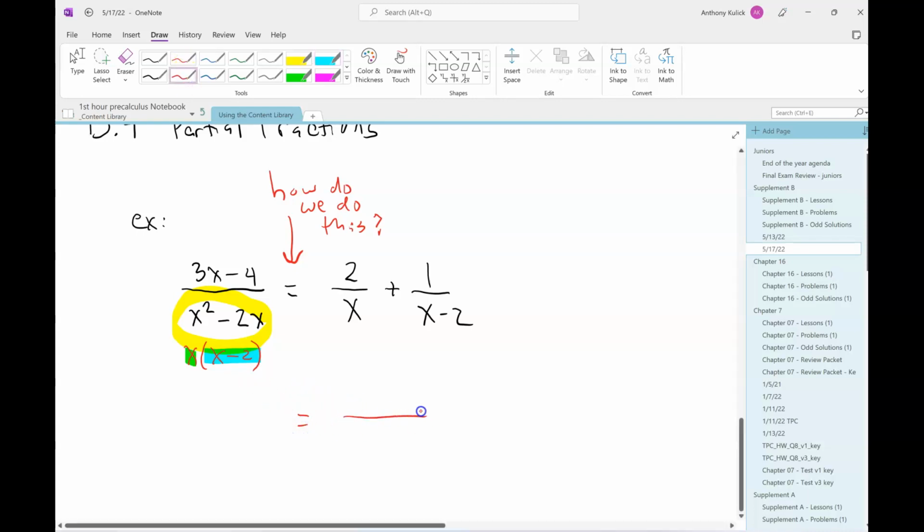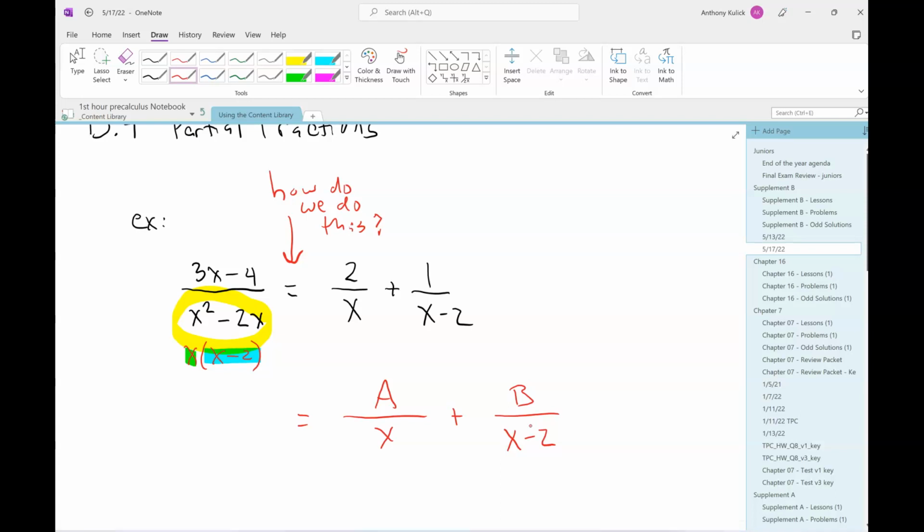So what that means is we're going to have something over x plus something over x minus 2. Whatever the factors were in the denominator are going to become the denominators of my sum. Is everybody okay with that?